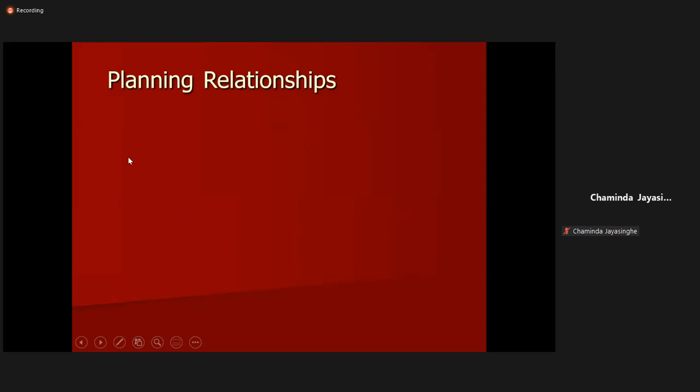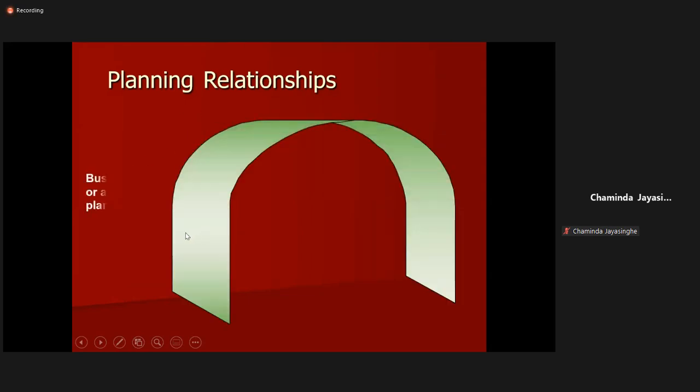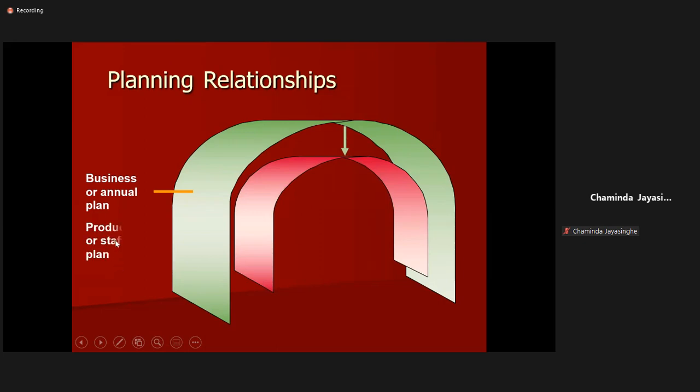And then planning relationships. On the larger umbrella is the business or annual plan. And then the production plan or staffing plan is the smaller umbrella.